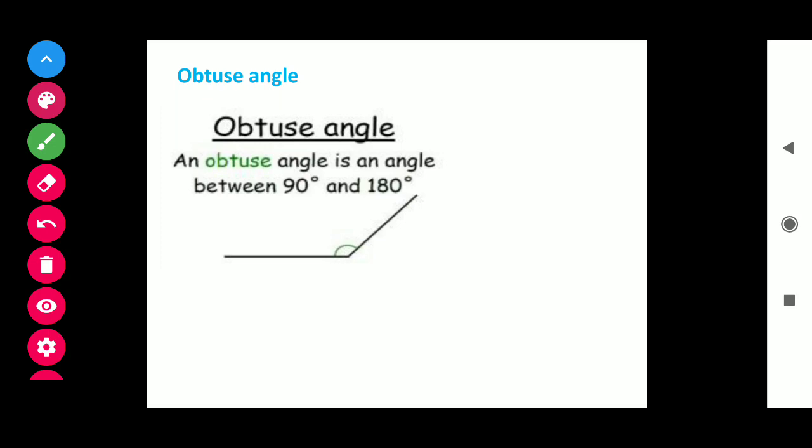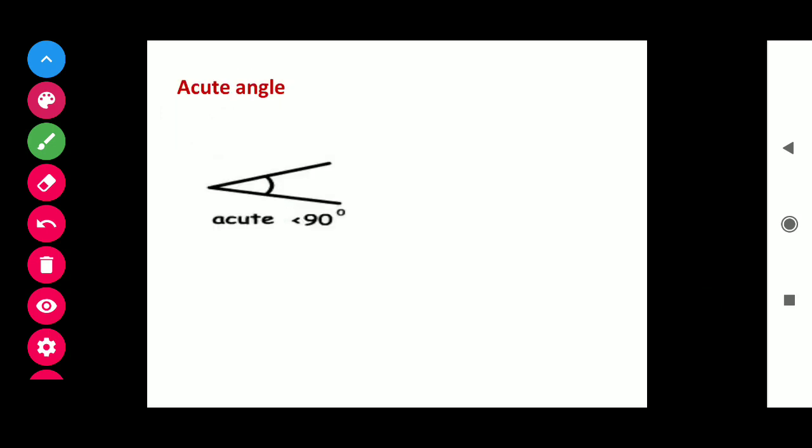Now the next one is the acute angle. The angle whose measurement is less than 90 degrees and more than 0 degrees is called an acute angle.